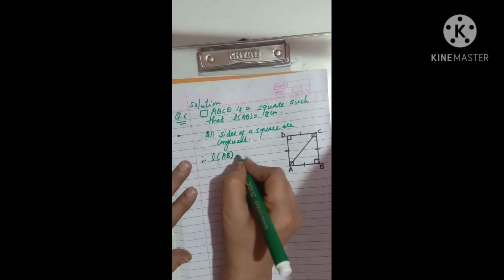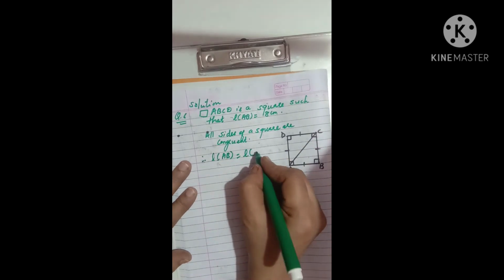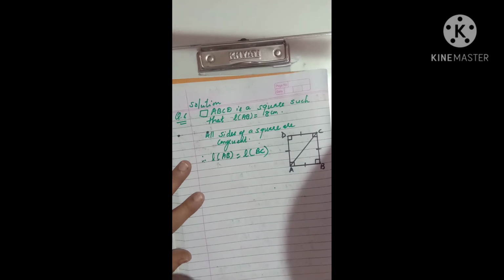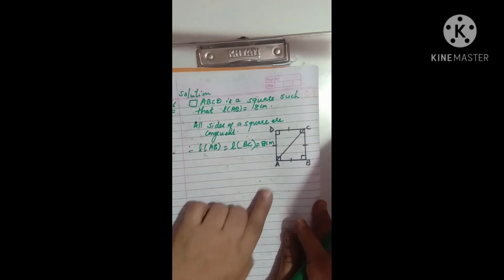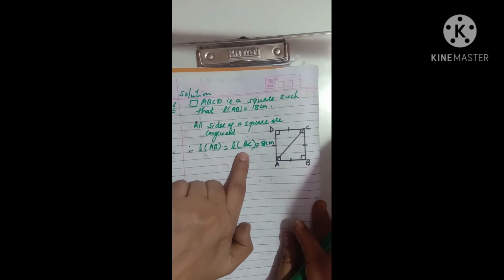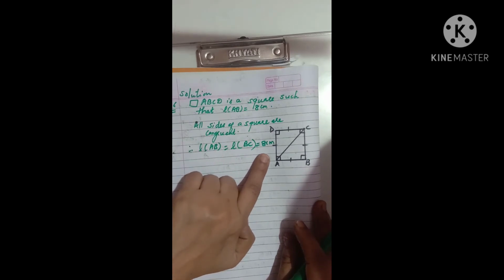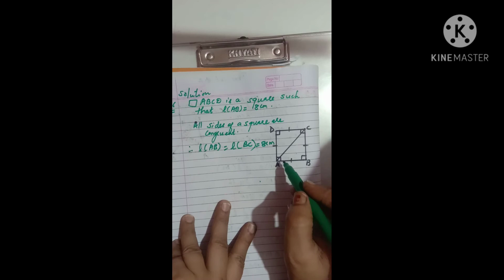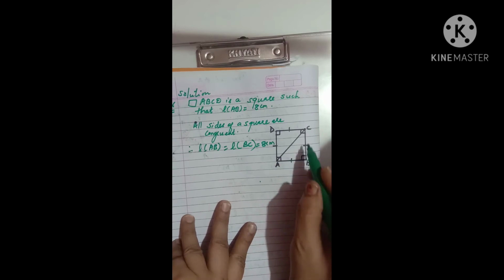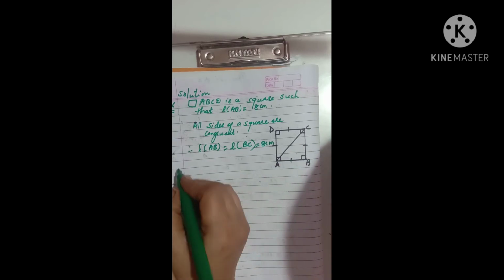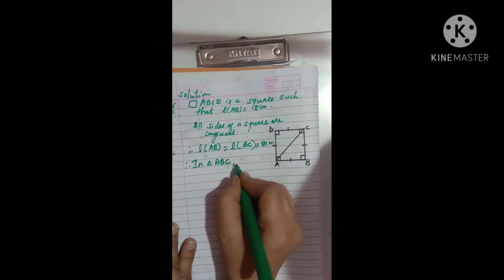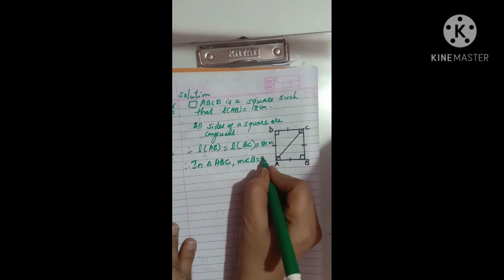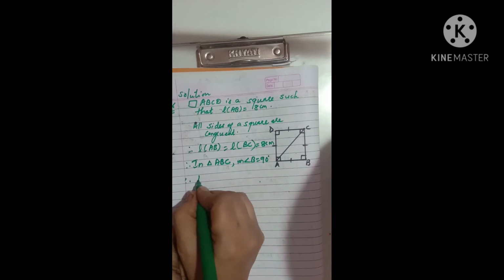Now, length of AB is equal to length of BC, and that is equal to 8 centimeter. Now in triangle ABC, measure angle B is equal to 90 degree.